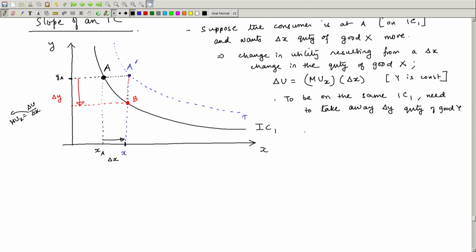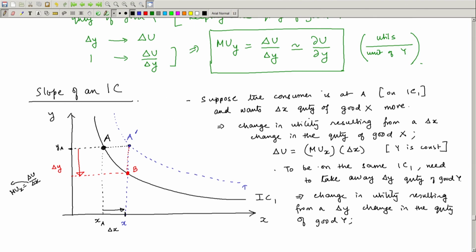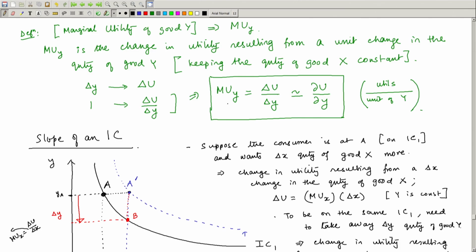So, the change in utility resulting from a delta y change in the quantity of good y. Well, how can I quantify that? Again, I know the definition of marginal utility of y.